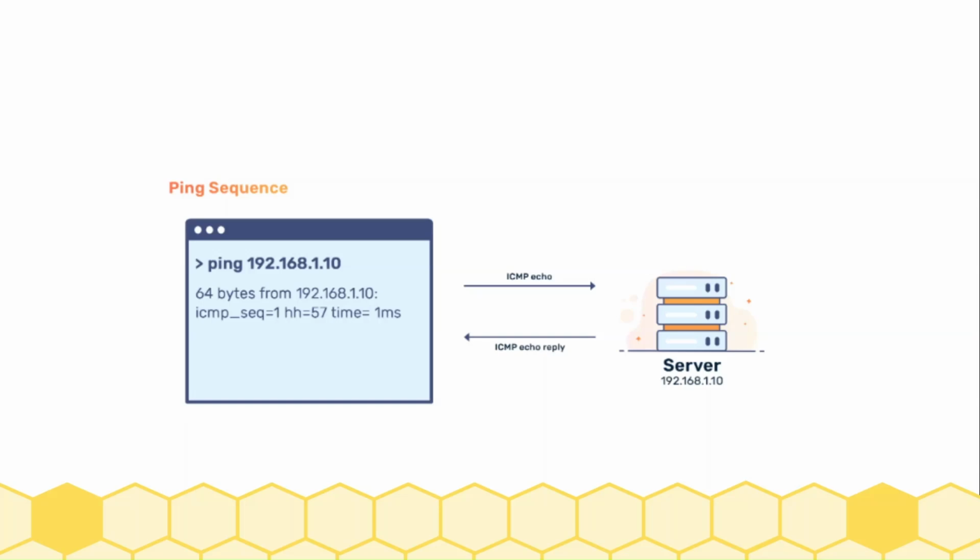So from one system you just give ping, and this IP address is the IP address of the remote system. When you give this command and hit enter, an ICMP echo message will be sent to that remote system. This need not always be a server, it could be another node.